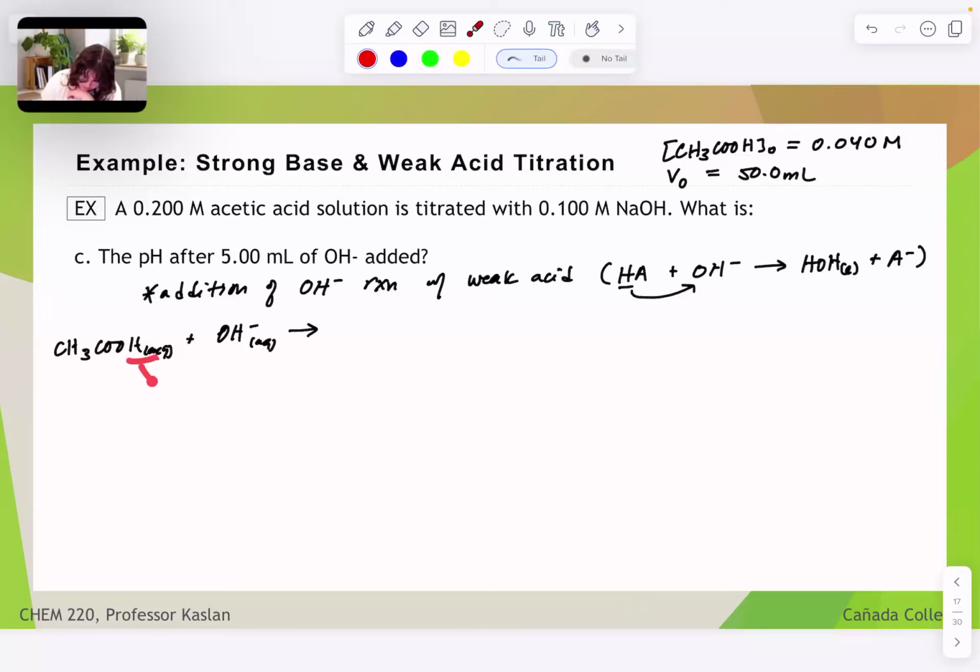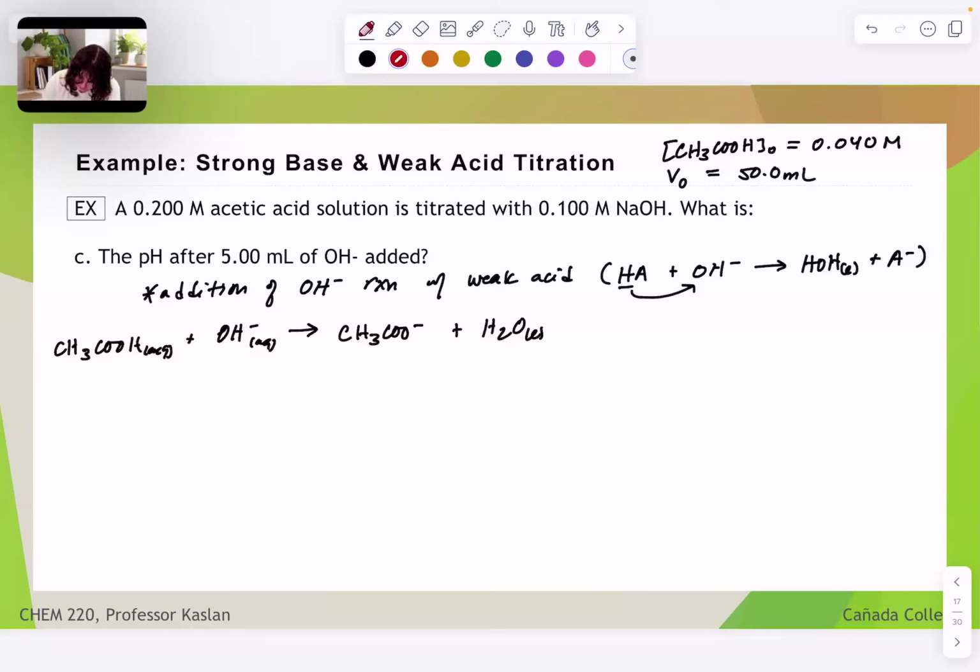So when this acid is allowed to do what it does, meaning when it's allowed to donate a proton, be an acid, we create the acetate ion. And then we also create H2O liquid.